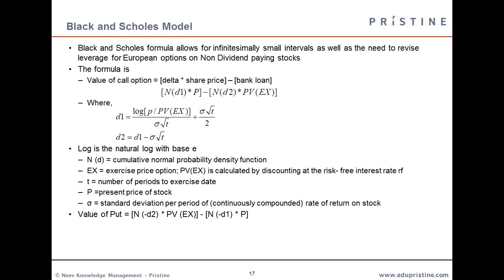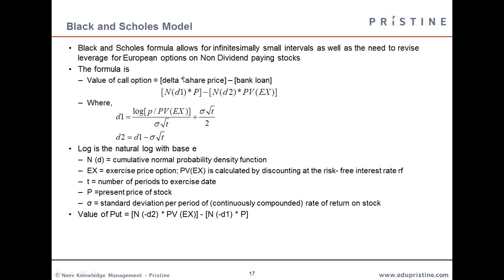So here the formula is again what we saw in the replicating portfolio method. We'll try to have delta into share price minus the bank loan or the lending. If it is for the put option, the signs will be different.